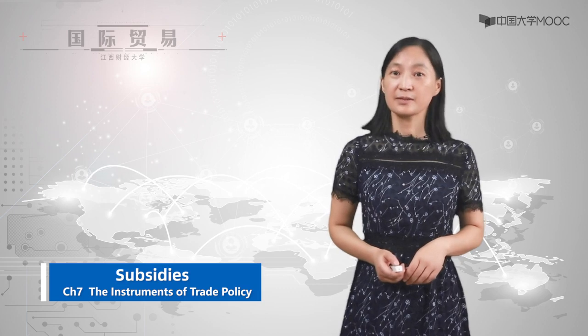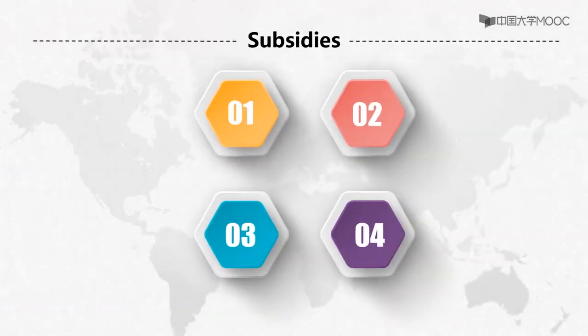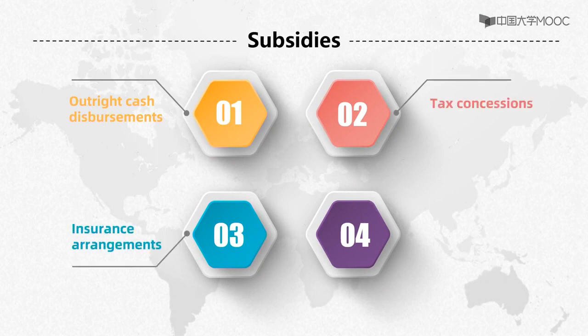National governments sometimes grant subsidies to their producers to help improve their market position. Governmental subsidies assume a variety of forms, including outright cash disbursements, tax concessions, insurance arrangements, and loans at below-market interest rates.